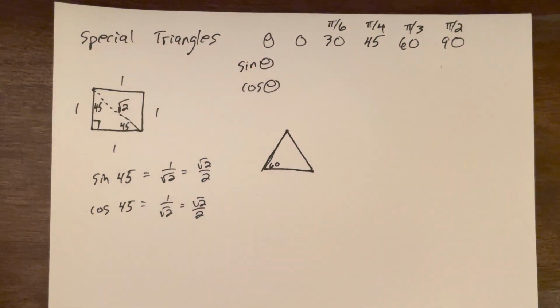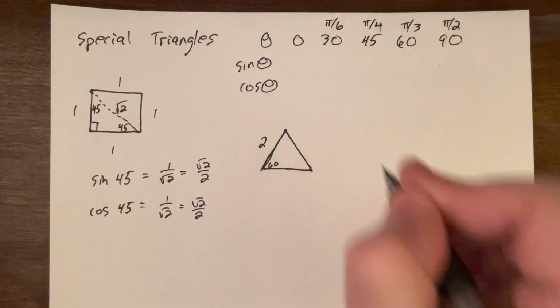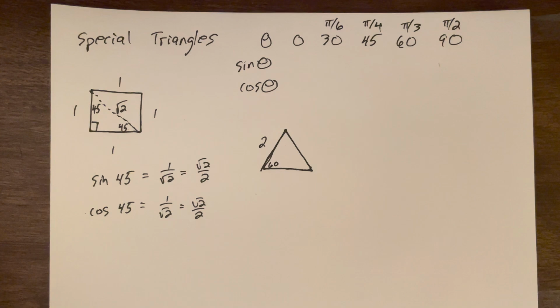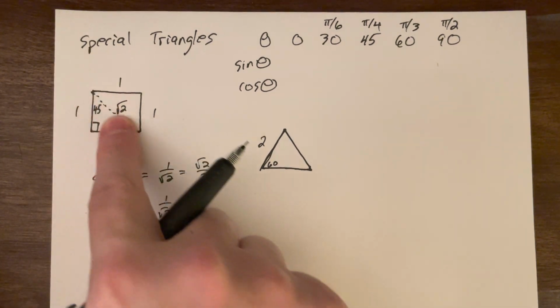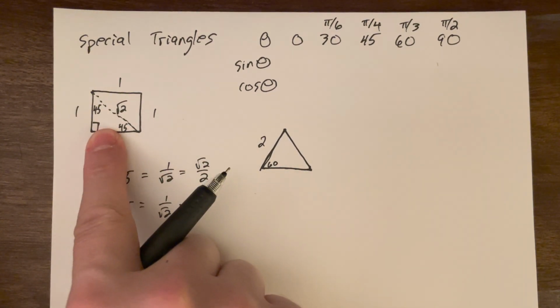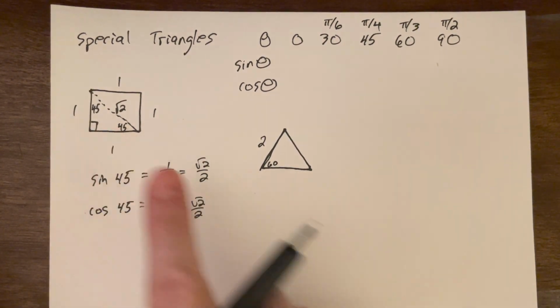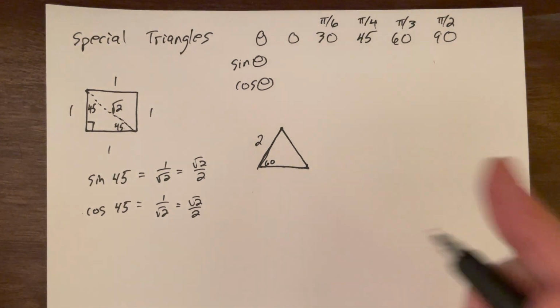They'll have to add to 180, but they're all the same measure, so they're each 60 degrees. And for this one, I'm going to make all side lengths 2 units each. So it's kind of like a weird start, just like this one. But after I introduce this diagonal, then we had a right triangle, and that's ultimately what we cared about. Similar, but not quite the same here.